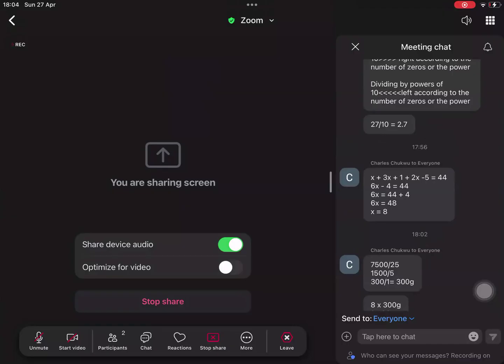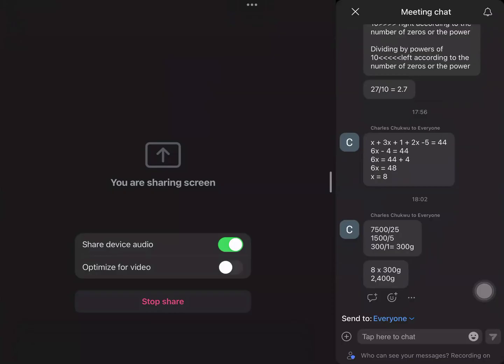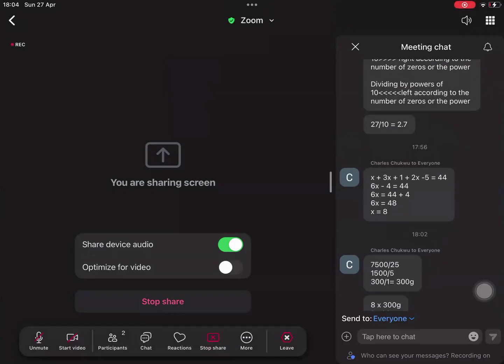The first one that says x plus 3x plus 1 plus 2x minus 5 equals 44, that's where I started.